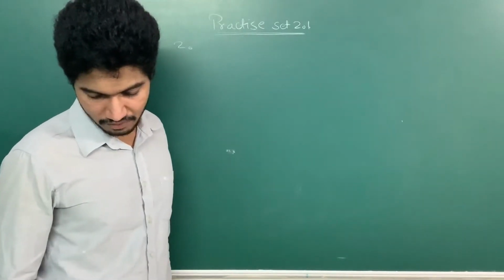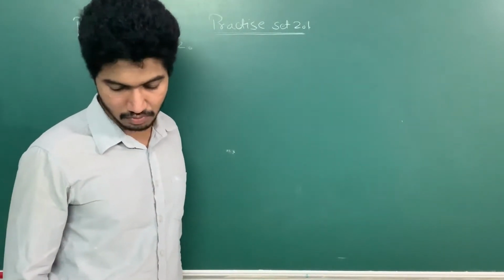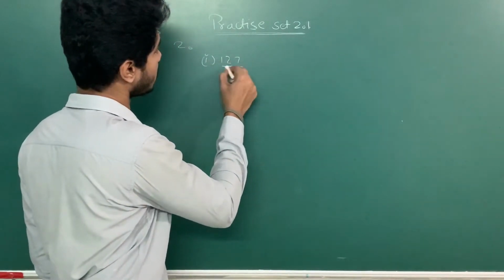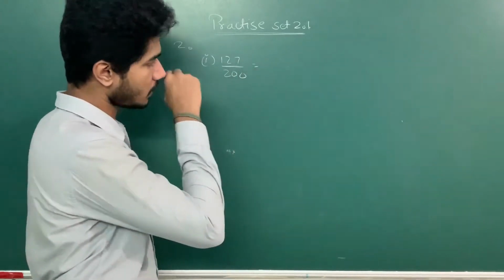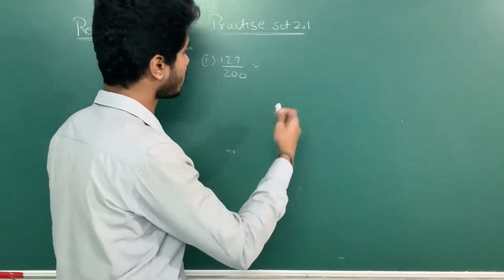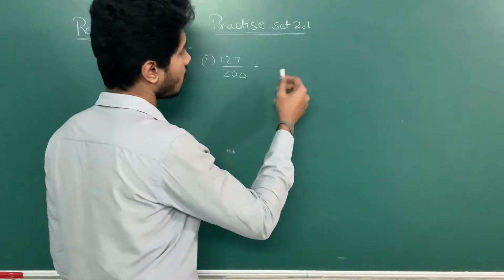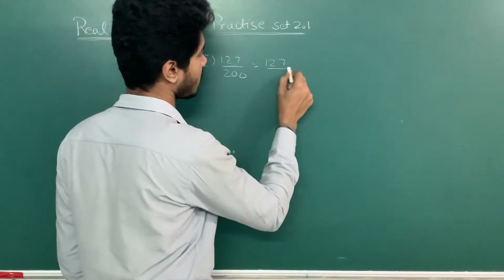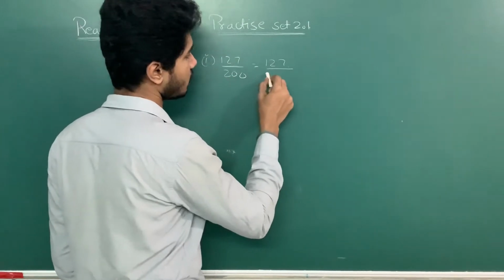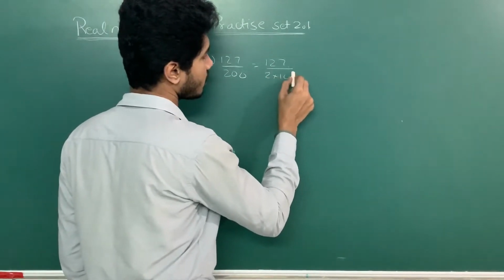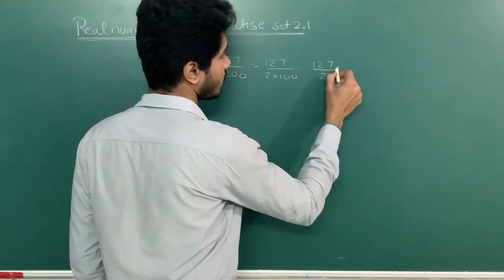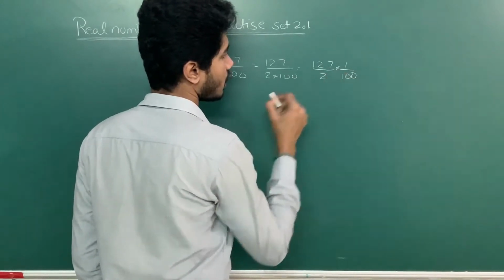Question 2. Write the following rational numbers in decimal form. First question, 127 upon 200. You can use the same division method to write in decimal form, or there's another way to solve this. You can solve it in a simple manner. I can write this 200 as 2 into 100. Now, I'll write this separately. 127 upon 2 into 1 upon 100.